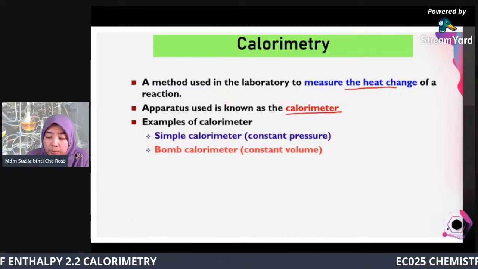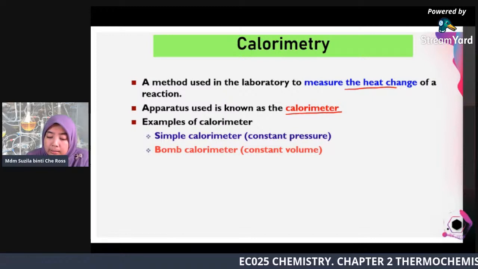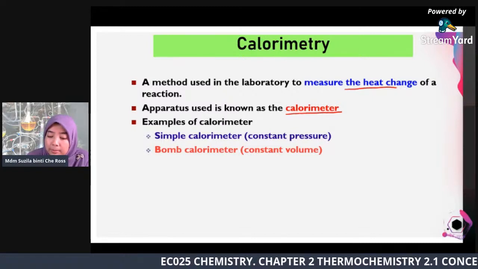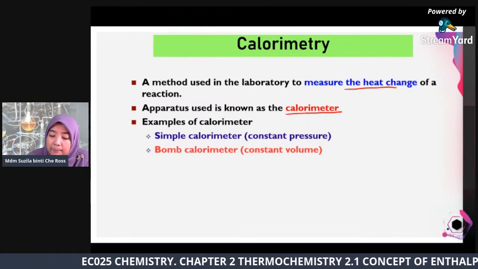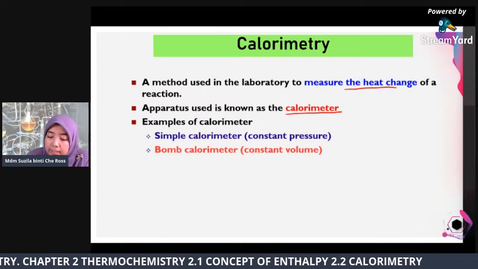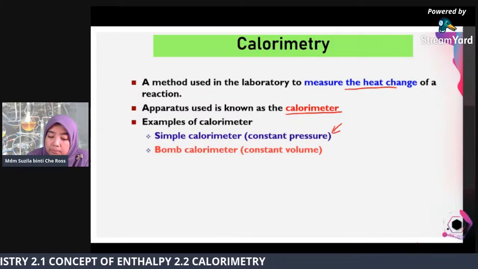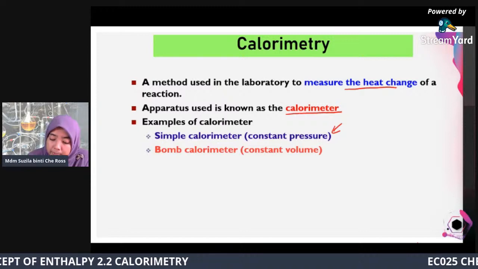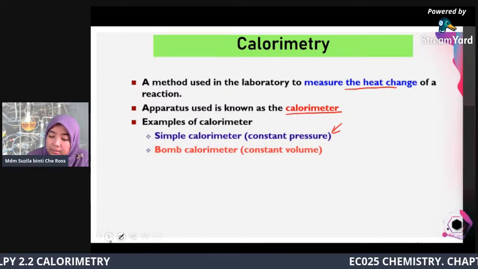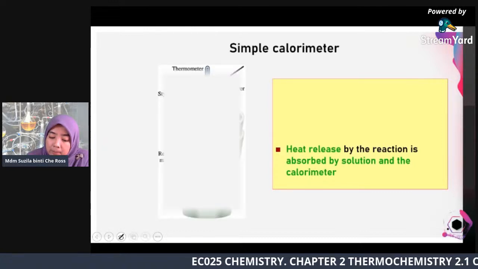There are 2 calorimeters, simple calorimeter and bomb calorimeter. For our lab, we just have a simple calorimeter. You will use this simple calorimeter in your experiment. So what is the setup for a simple calorimeter?